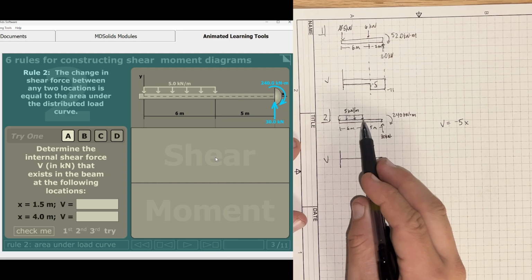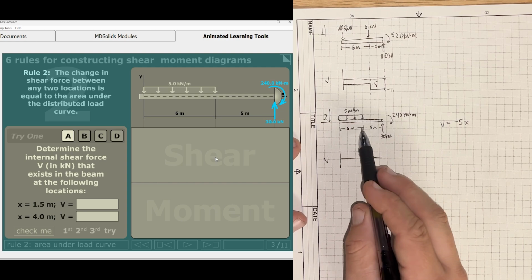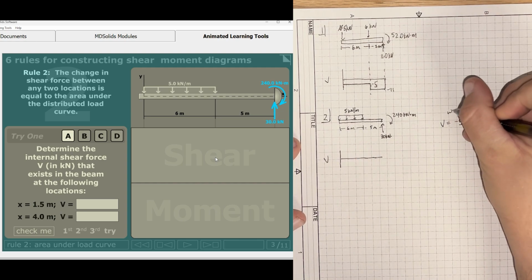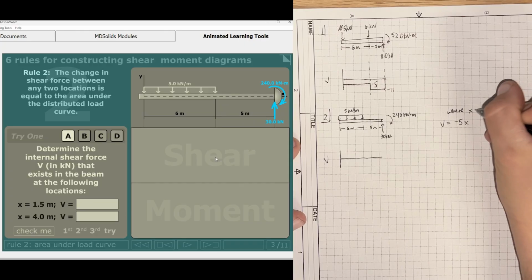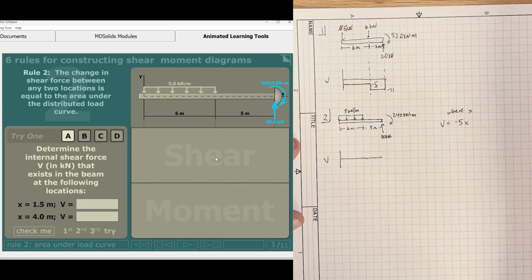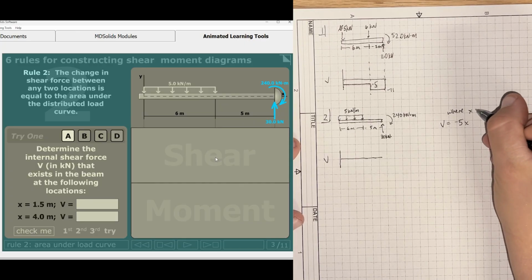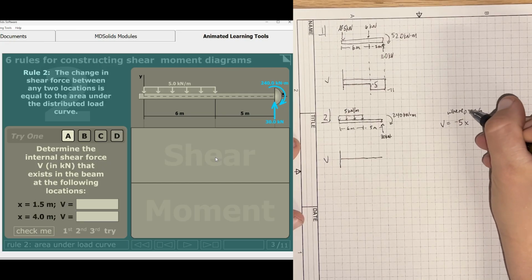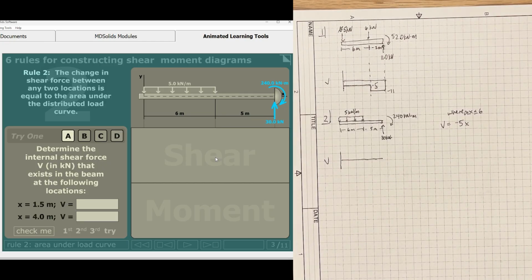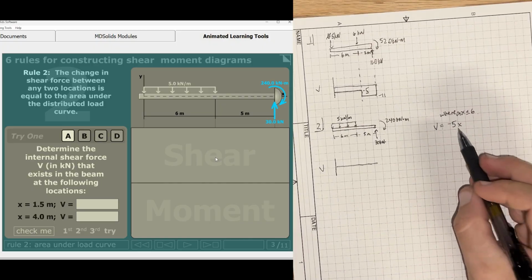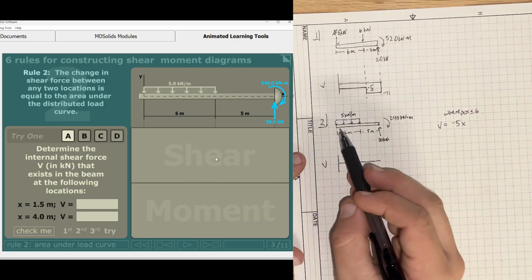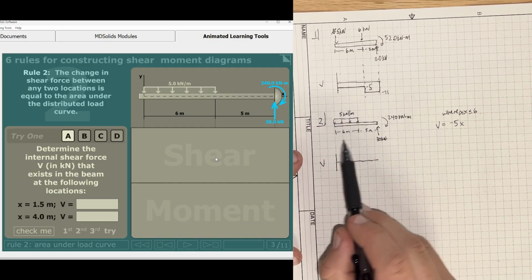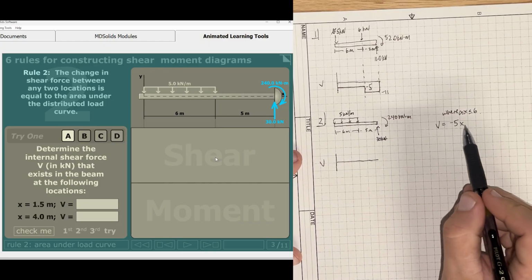Because in this case, it only lasts for the 6 meters. So we could say where x is less than or equal to 6, and that's 0 less than or equal to x as well. So we can end up using this equation right here. If we go through here, well, they say if x is 1.5, well, plug that in.